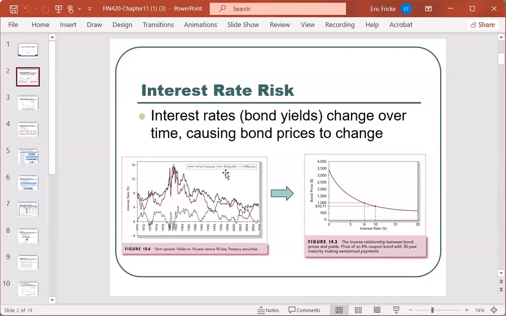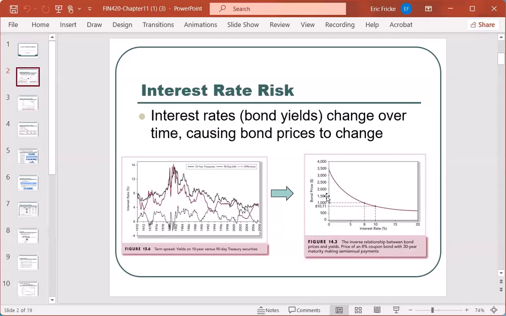The red line is the 90-day T-bills, and the dashed line just represents the difference. So it's basically showing you the difference between long-term and short-term interest rates. The key thing I wanted to show you on this slide is that interest rates definitely change over time, right?